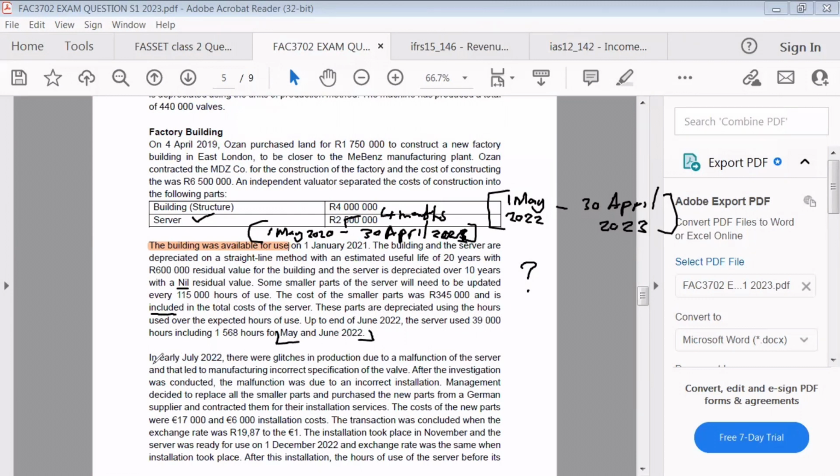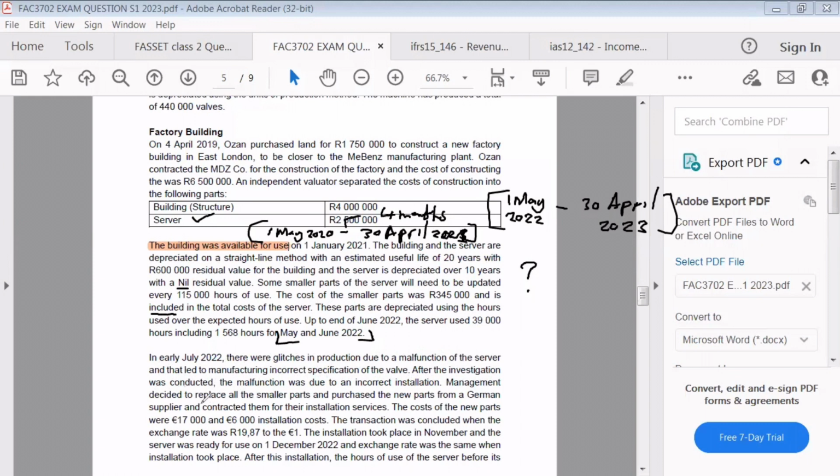In early July 2022, there were glitches in the production due to malfunction of the server, and that led to manufacturing incorrect specifications of the valve. So these guys manufacture valves, I don't know what they use them for, but valves. And then after the investigation was conducted, the malfunction was due to the incorrect installation. Someone made a mistake in mounting the server and everything else.